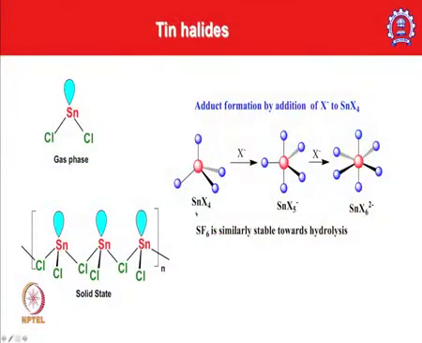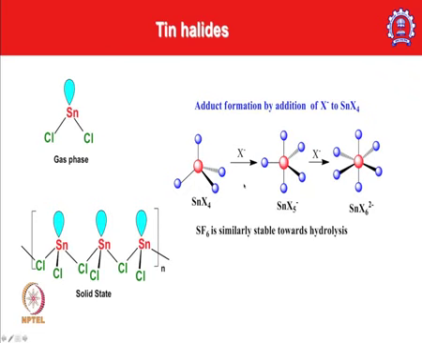If you just look into SnX4 here, let us say X is fluorine, so tin tetrafluoride. On addition of one fluoride, it takes trigonal bipyramidal geometry having composition SnX5 minus, which on addition of one more fluoride forms SnF6 minus, and this is similar to SF6.